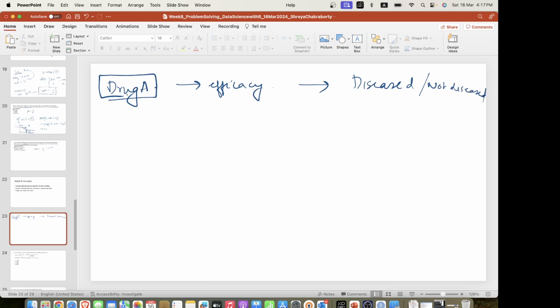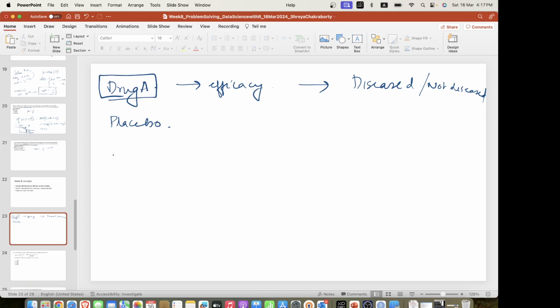Okay, so I have two categories of people, diseased and not diseased, and to some in each category I'm going to give drug A, and to others I am going to give placebo, that is not the drug itself but something which will not in any way affect the person.